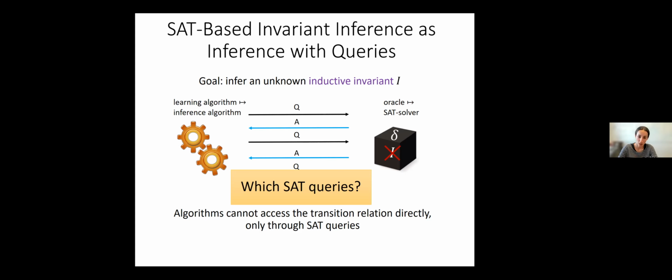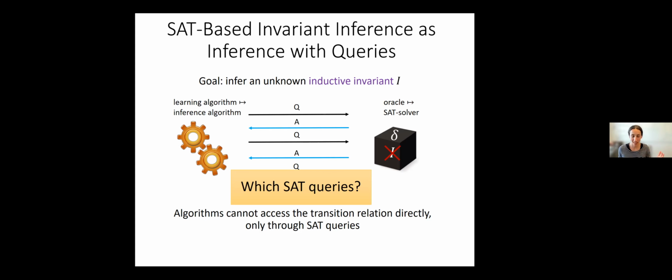So what we wanted to do here is really understand what makes a SAT-based algorithm SAT-based. Most SAT-based algorithms that we are thinking about, algorithms like interpolation and IC3, and most of the list that I looked at before, usually don't do any white box analysis of the transition relation.